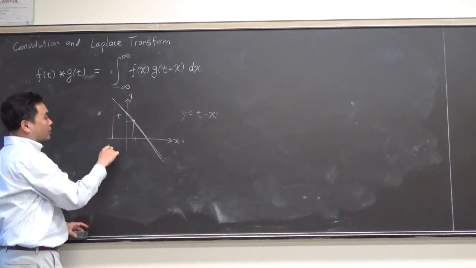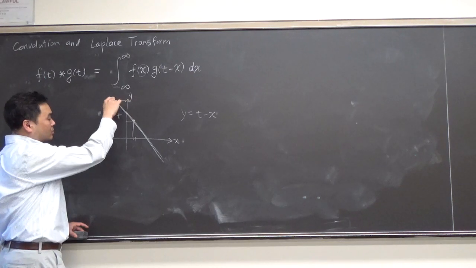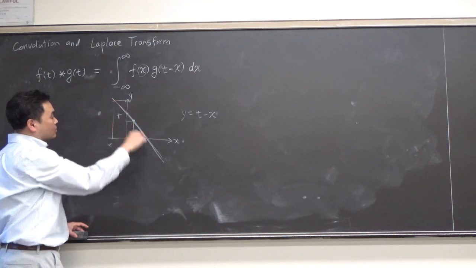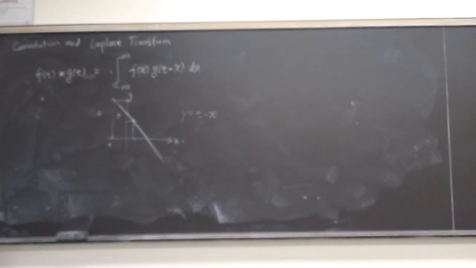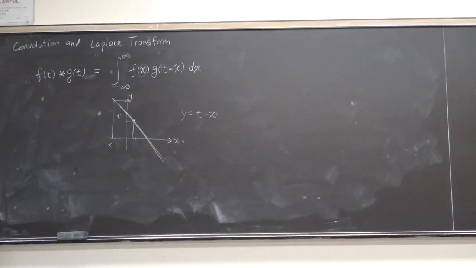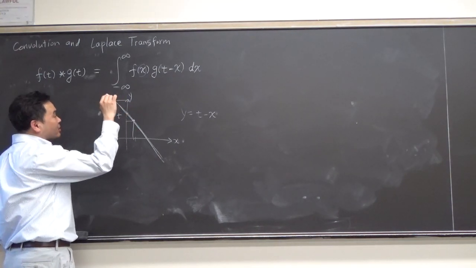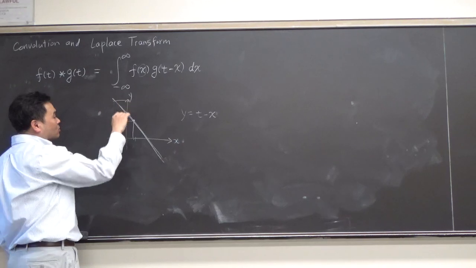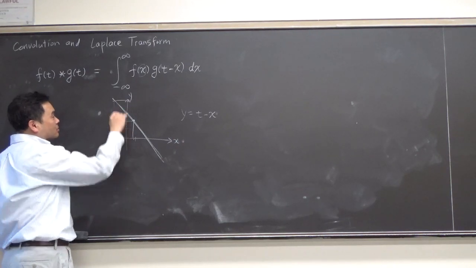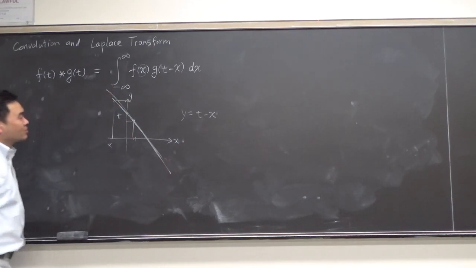For a fixed value of t, what's happening is you're multiplying, and you're adding over this edge.